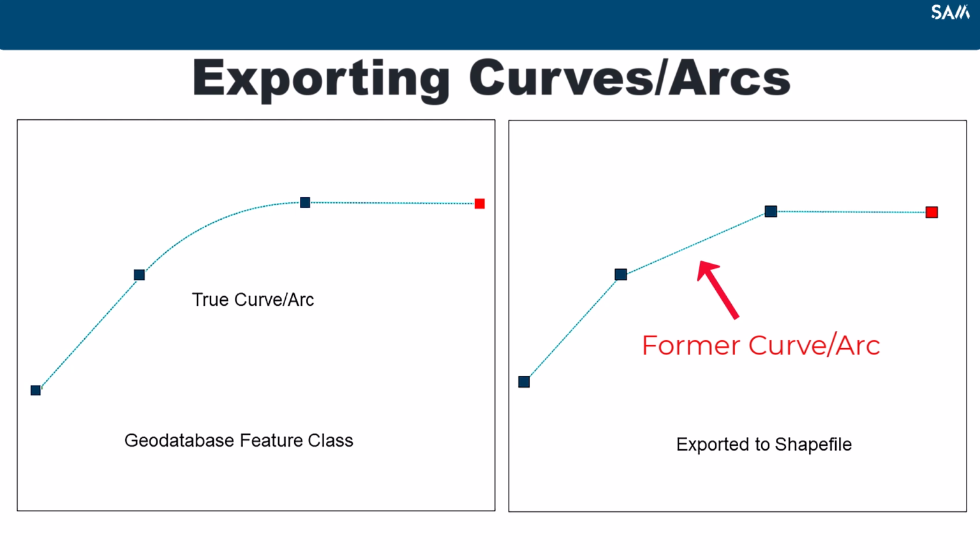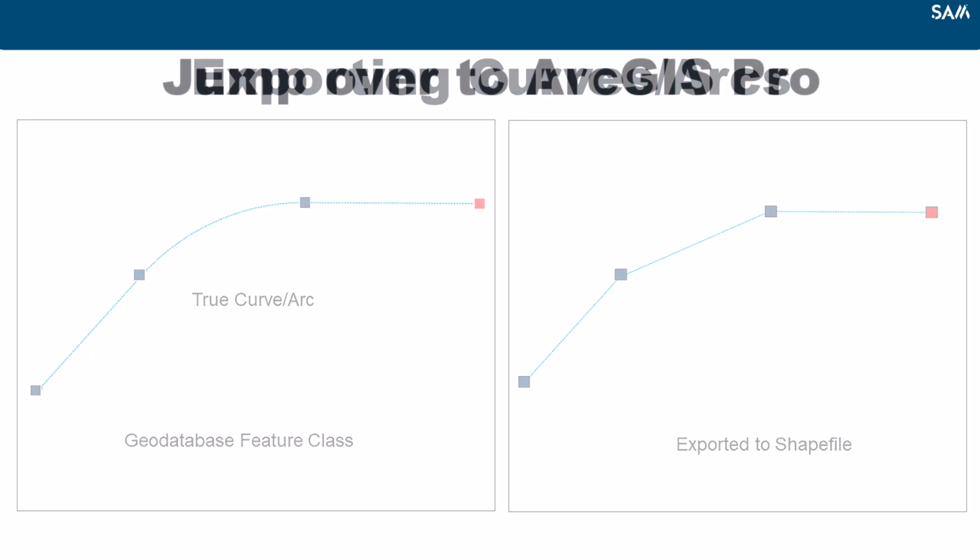It's going to generate the line that goes from the start of the curve to the end of the curve, or arc. Arcs and curves are interchangeable in this situation. So the spatial data itself is not going to be consistent. And that's important to note as you export the data out, because the results are not going to match one another when you do that.